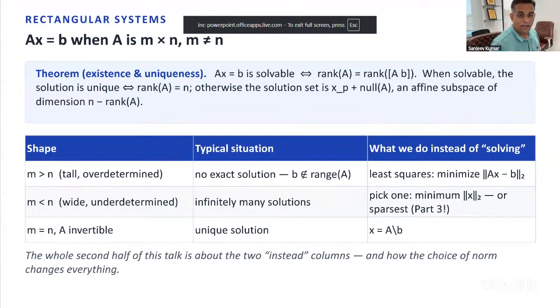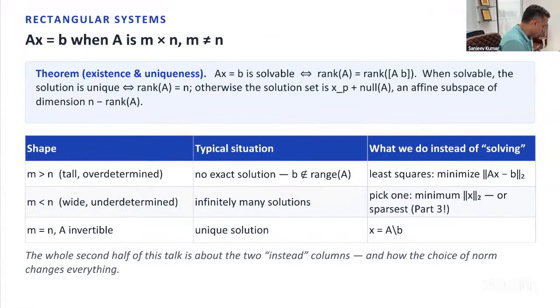Okay. In the second case, I can have m less than or equal to n. Okay. M less than or equal to n means you have few equations and more unknowns. Very few observations, but from those observations, you have to find the values of many variables. You have to make more predictions.